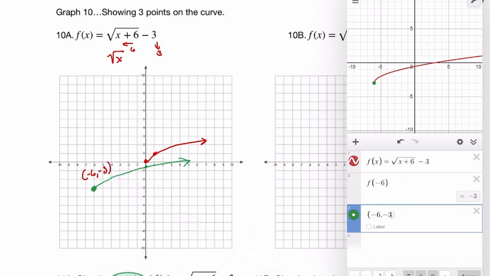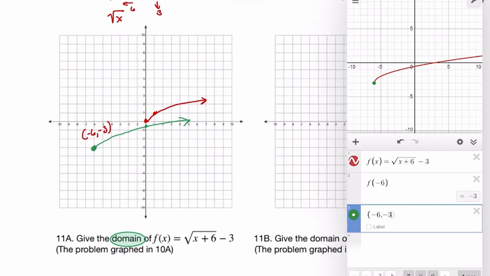Okay? But we also want to know which direction it goes, because now we're going to do domain, and domain is saying, hey, what are the x values that get graphed? Well, in this case, x is greater than what, -6, that's the first x value. No graph at x less than, or over here at -7. So our domain here, we just say is x is greater than or equal to -6.